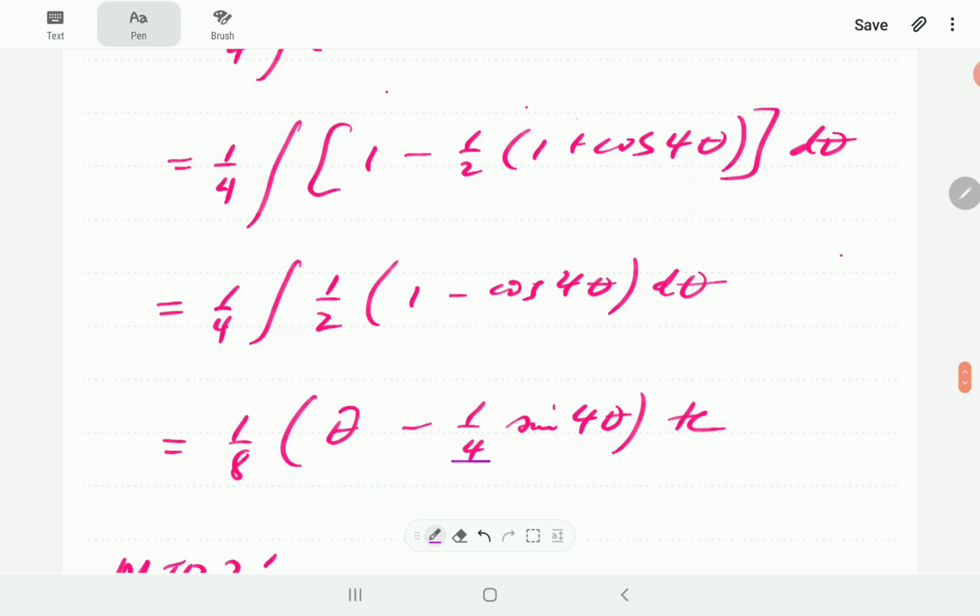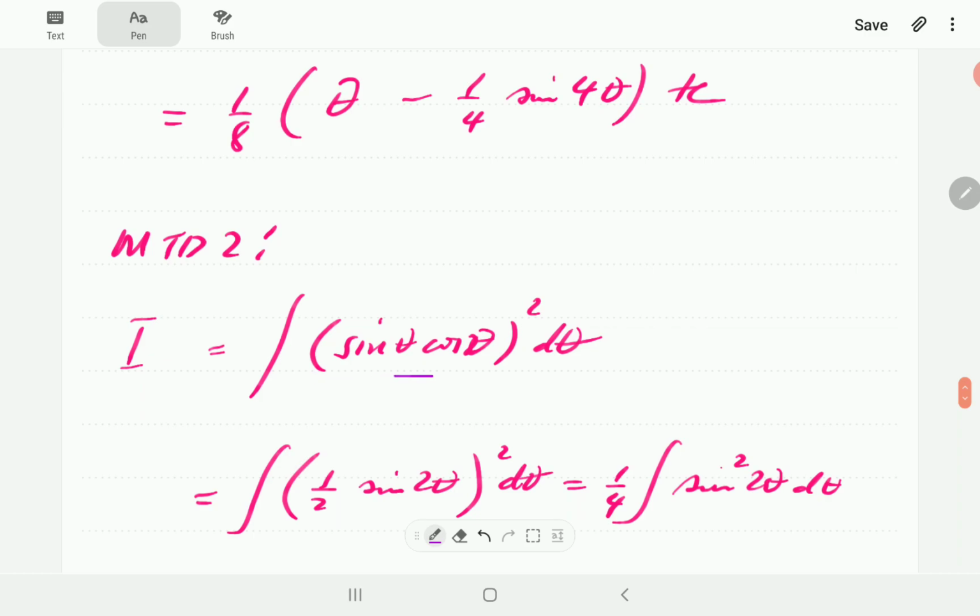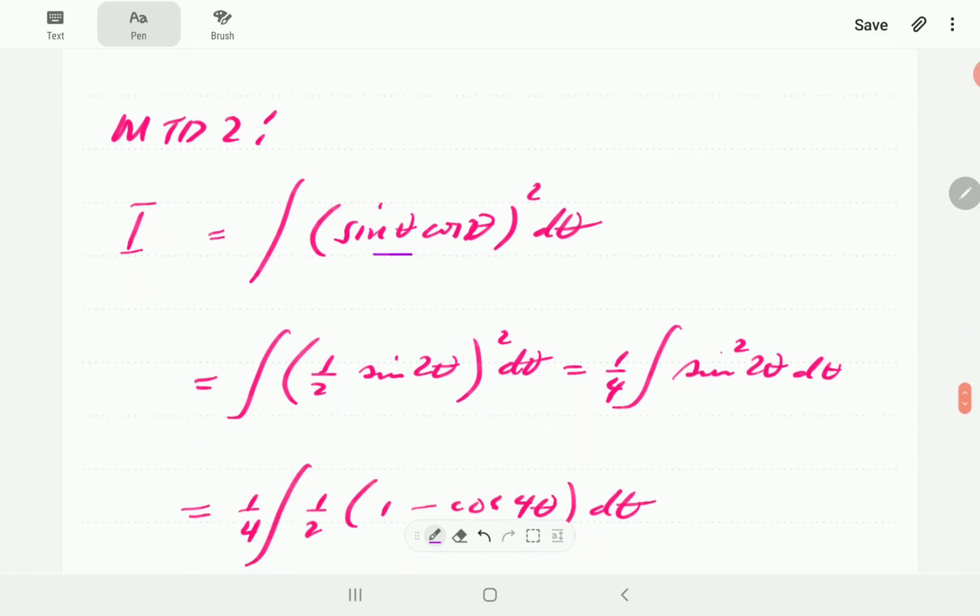Simplify and integrate. Alternatively, we can adopt an approach similar to what we did in example number B. Write this as sine theta cosine theta all squared, then use the sine double angle formula.